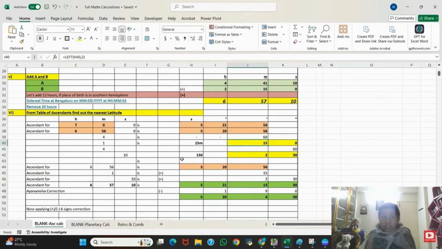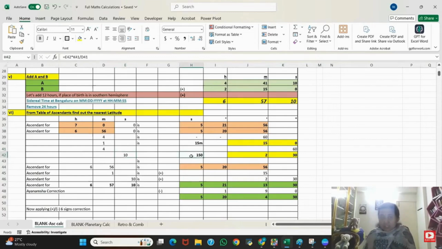Similarly for 10 seconds I also have to note down, because even the second is important. For 4 minutes, if it is 60, then how much is it for 10 seconds? When I do that, I get 150. What is this 150?